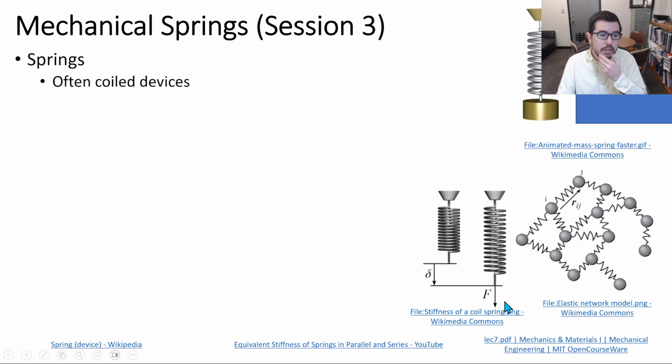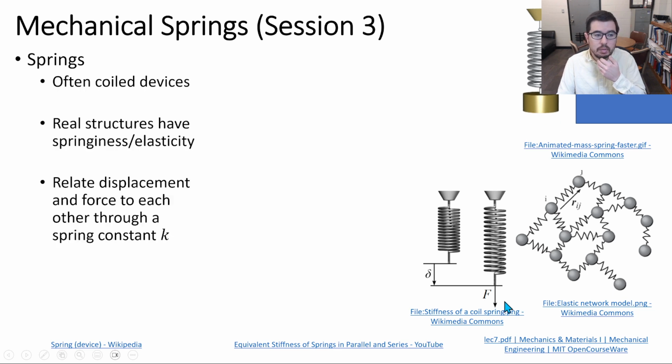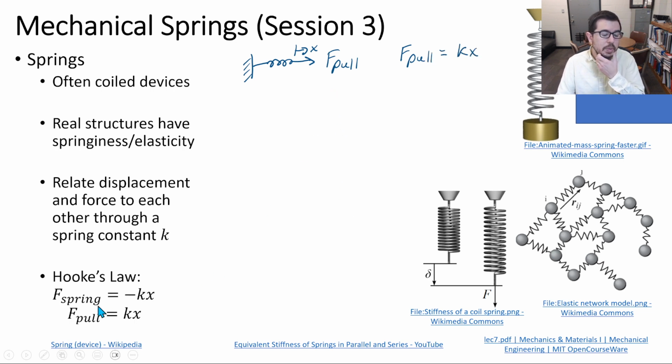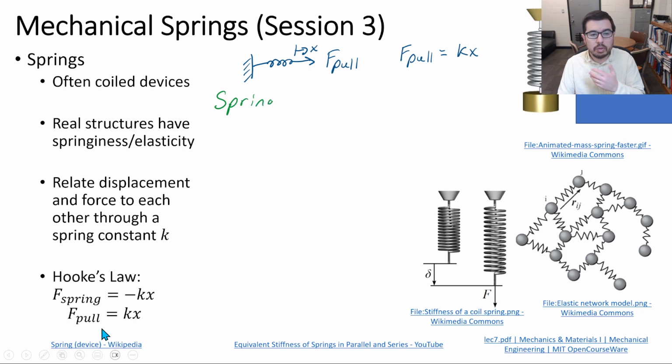We also discussed in some detail Hooke's law and springs in series and springs in parallel. We also discussed how sometimes Hooke's law is given as a negative kx or a positive kx, and it depends whether you're thinking about the force in the spring or the force that you're using to pull on the spring.